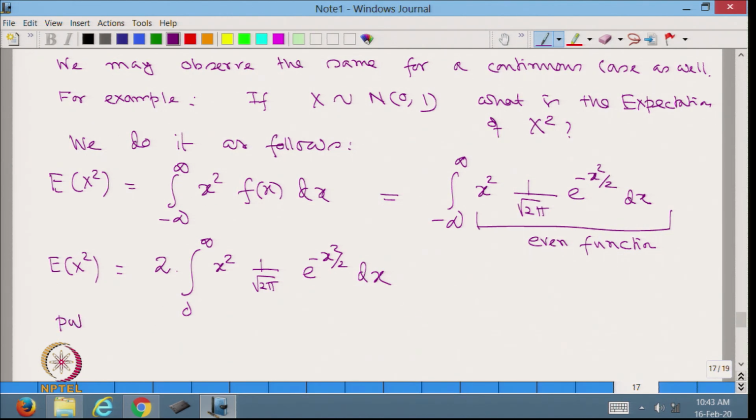Put x square is equal to z, therefore dz by dx is equal to 2x, therefore dx is equal to dz upon 2x is equal to dz upon 2 root z.